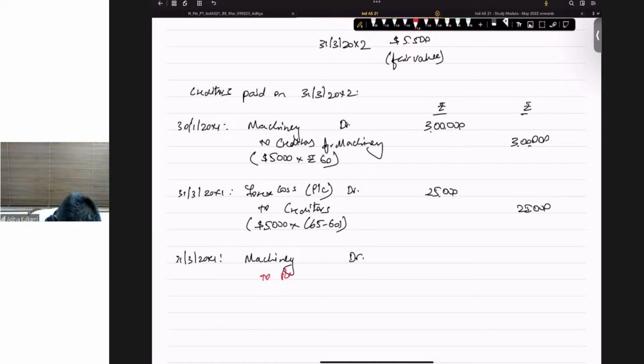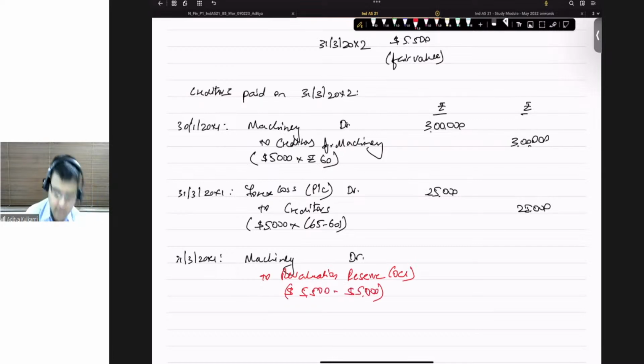Okay. So to revaluation reserve, other comprehensive income. So my asset is revalued at 5,500, but actually it was only 5,000, and this I will multiply with 60 per dollar.